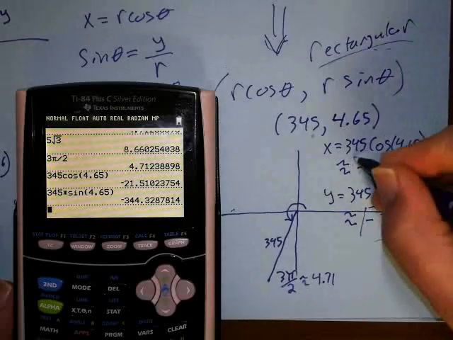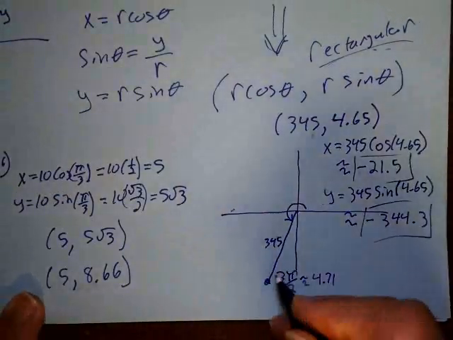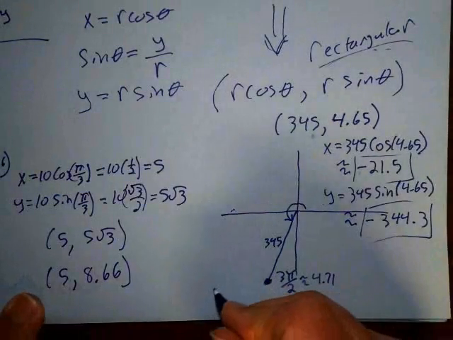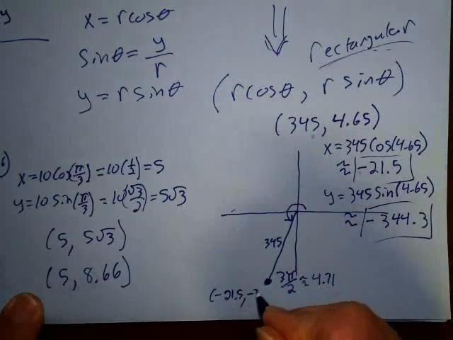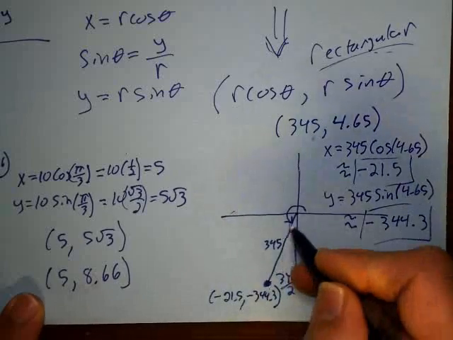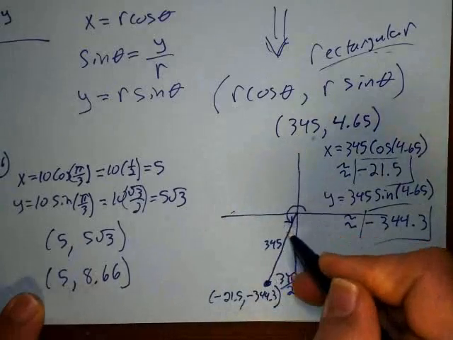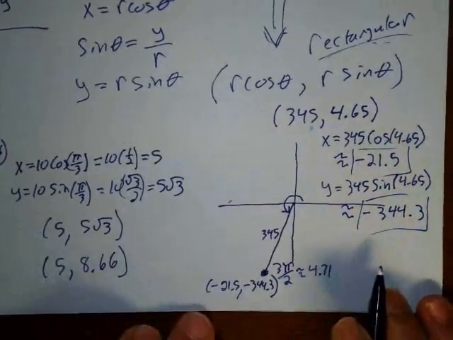So that's my y coordinate, this is my x coordinate, and you can see that that does make sense. Negative 21.5, negative 344.3 for this. If that were 345 and that were my angle, that is about what you would get here.